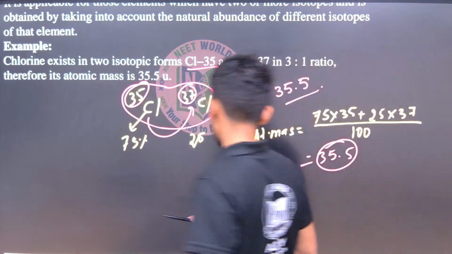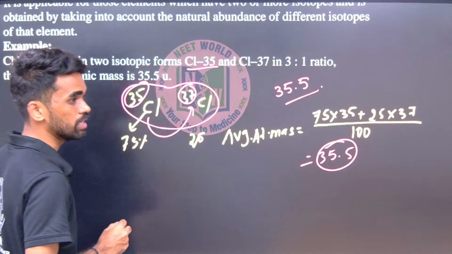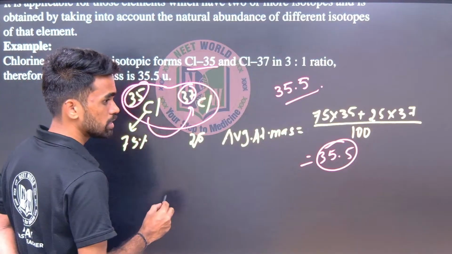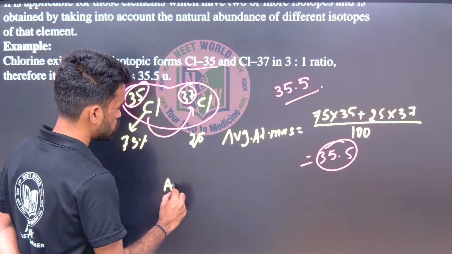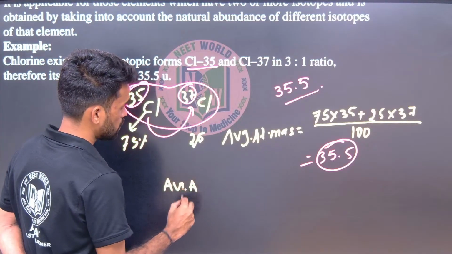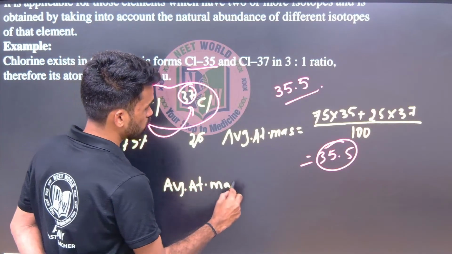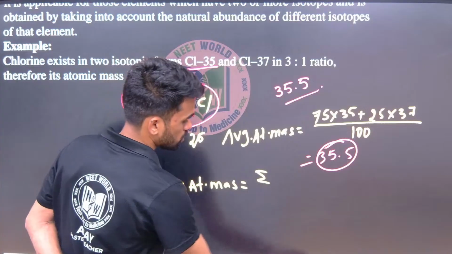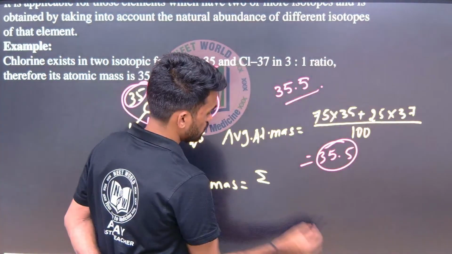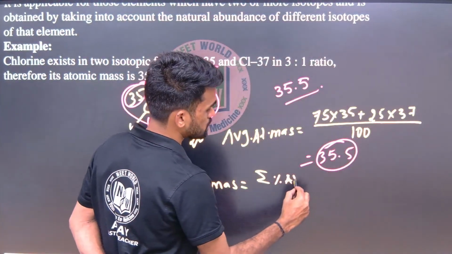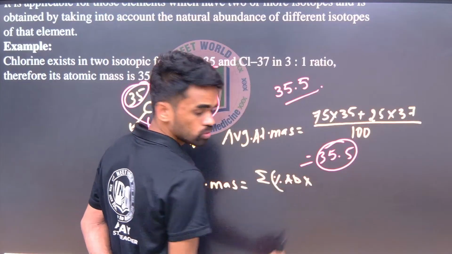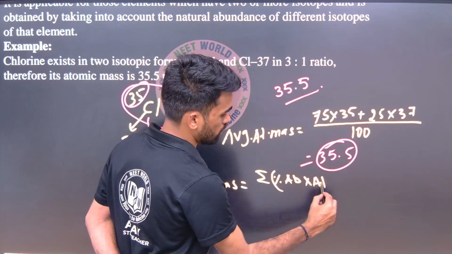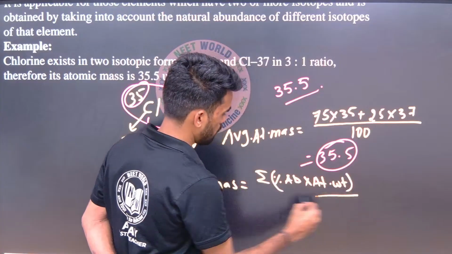Now I just want to make one generalized formula here. Average atomic mass is equal to the summation of percentage abundance into its atomic weight, divided by 100.